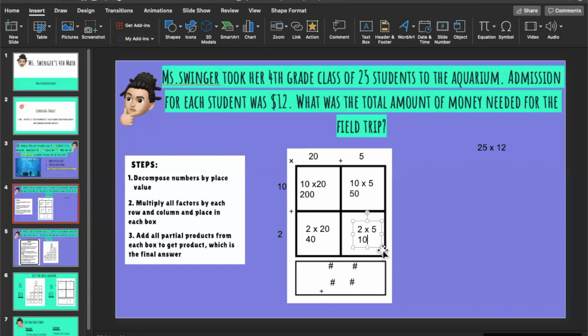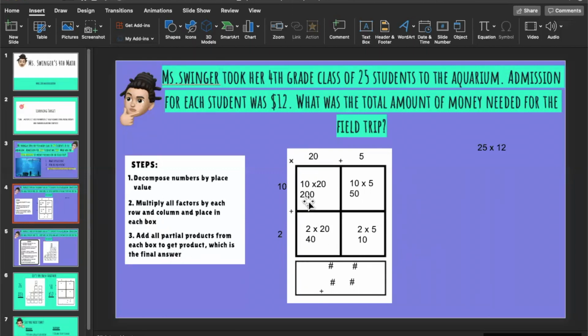which will give me 10. Okay, so I've successfully done step 1, decompose the numbers by place value. Step 2, multiply all factors by each row and column and place in each box. Check. Number 3, now I need to add all the partial products from each box to get the product, which is the final answer.